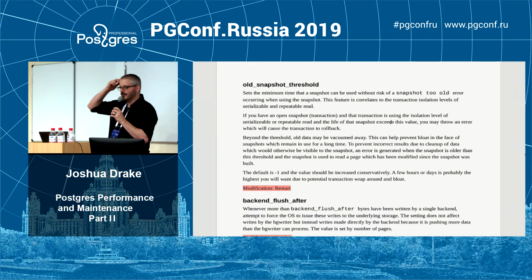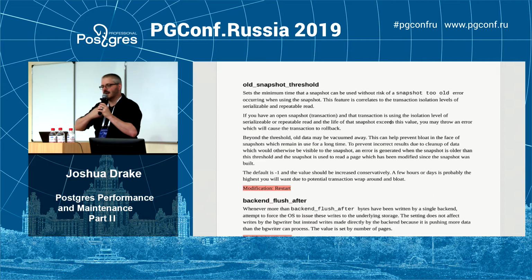Old snapshot threshold sets the minimum time that a snapshot can be used without risk of a snapshot too old error occurring when using the snapshot. This feature correlates to the transaction isolation levels of serializable and repeatable read.